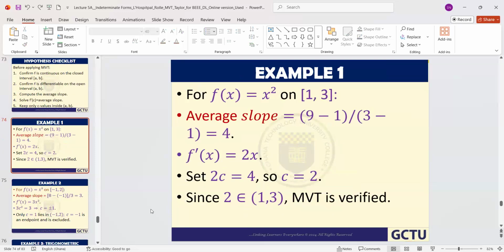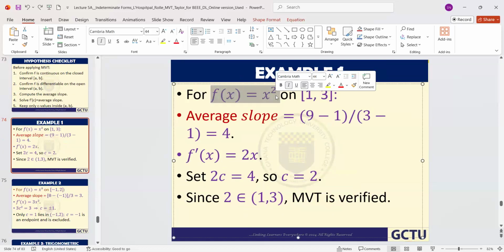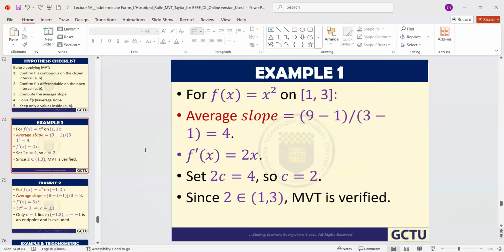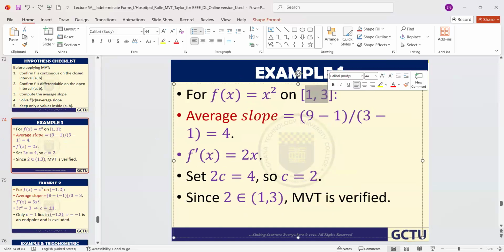So let's try some examples. Let's see this example. My original equation is f(x) = x squared. Now, this is quadratic, so we know that it is continuous. Number 2, it's also differentiable. Now, let's find the slope. Remember, you substitute the values of the limits into the equation.